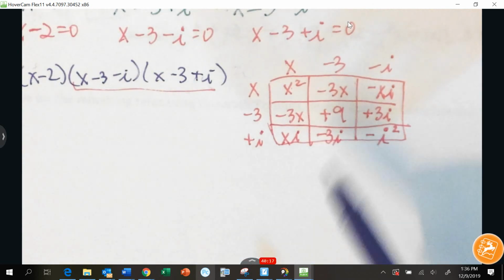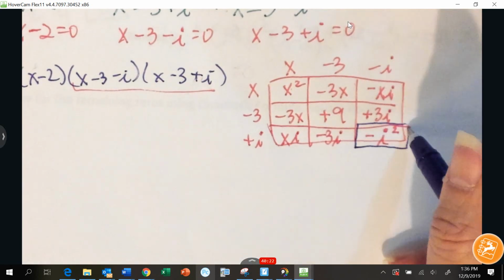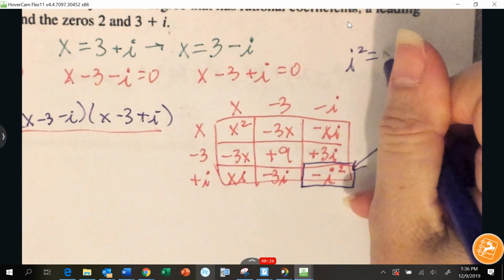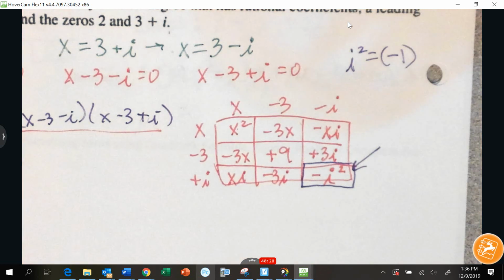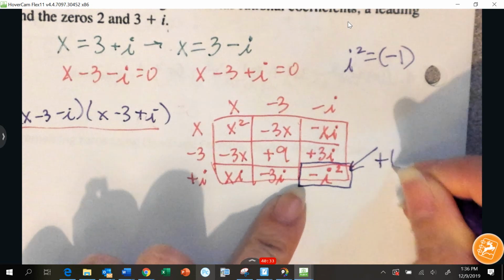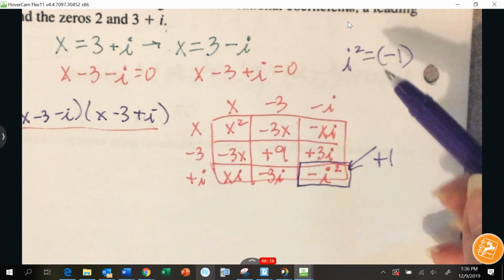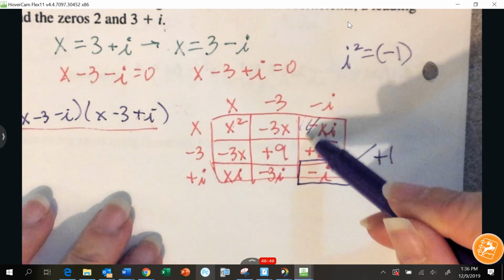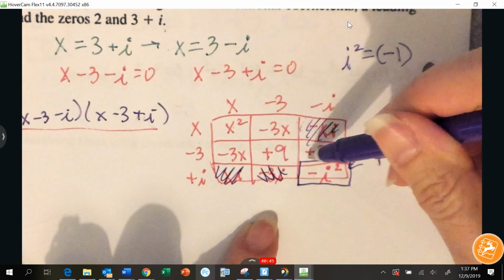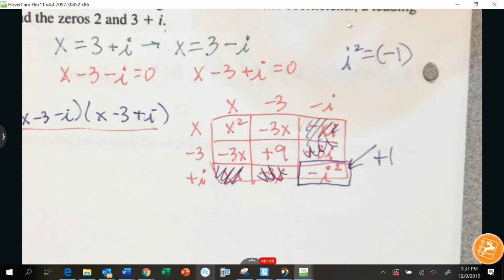So when I multiply those all out, in this last corner, I got negative i squared. And remember, what is i squared? Negative 1. So if I have negative, negative 1, what is this last box? That's going to be a plus 1. We combine our like terms. If you're paying close attention, you'll see that negative xi and xi cancel, and negative 3i and 3i cancel, like all the i's when you do this.